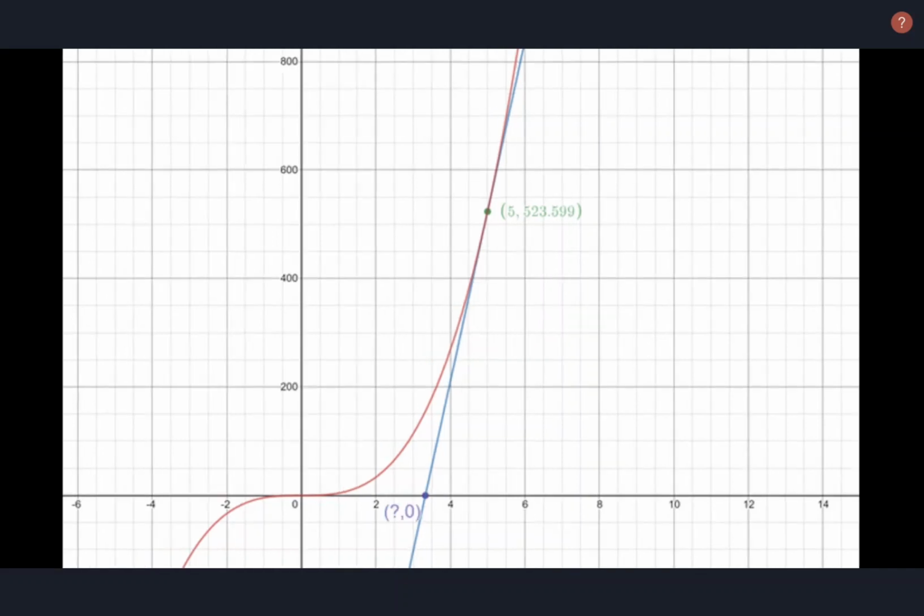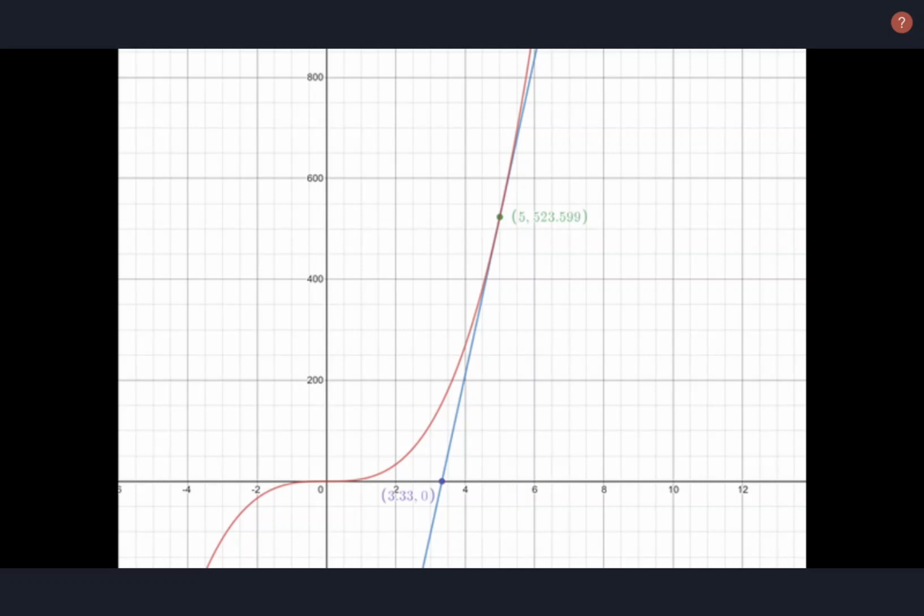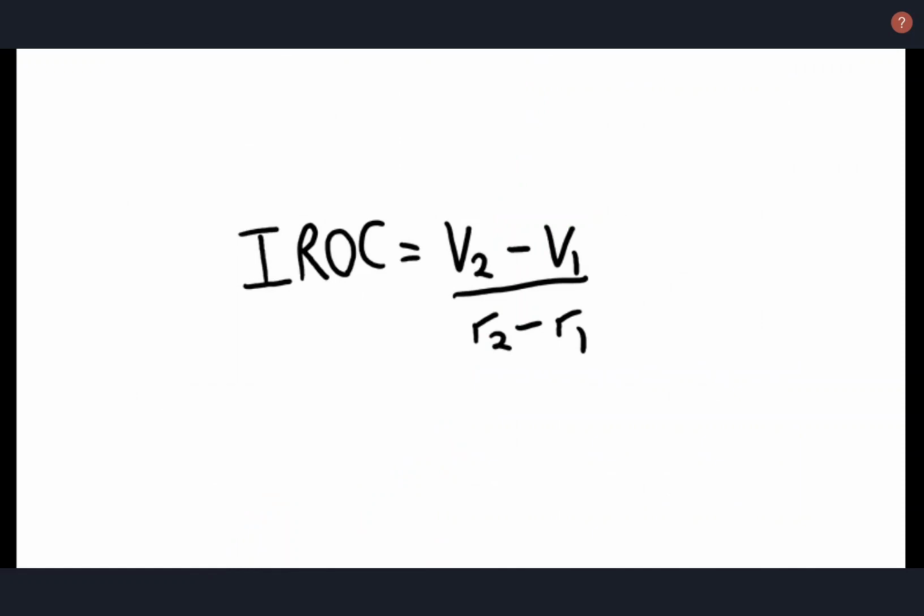With a point on the x-axis, we know for a fact that the y-coordinate of this point is 0, and for the x-axis, we will approximate the x-coordinate to be 3.33. By doing this, we are only approximating one of the x or y coordinates. From here, we now use the same equation from the last part to calculate the slope of the tangent.